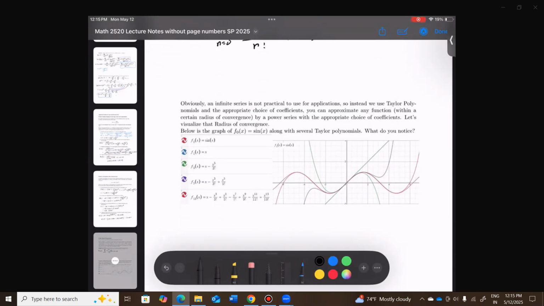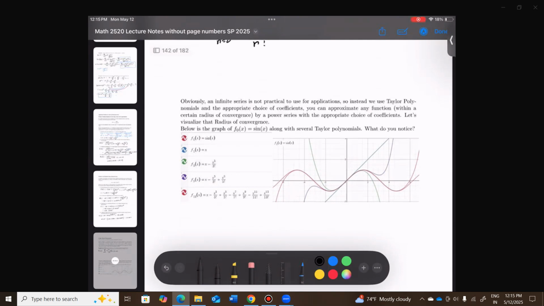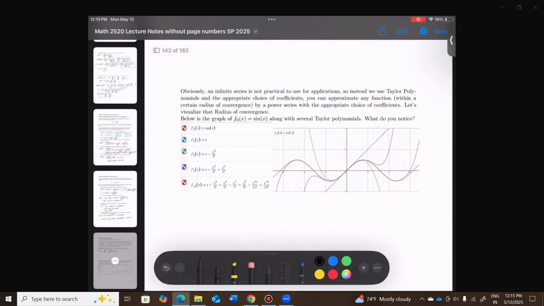So an infinite series is not always practical to use for approximation, so instead we use a Taylor polynomial with so many coefficients. We can see any function within a certain radius of convergence of the power series with appropriate choice of coefficients.